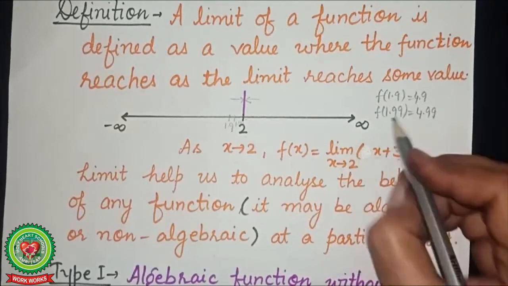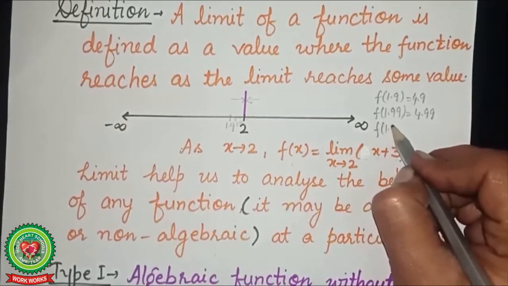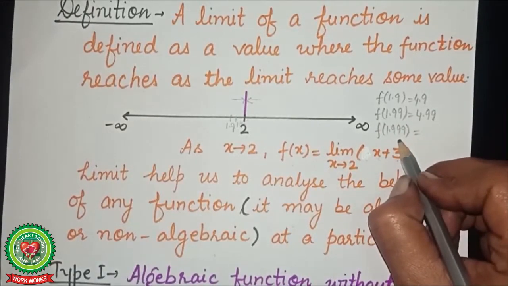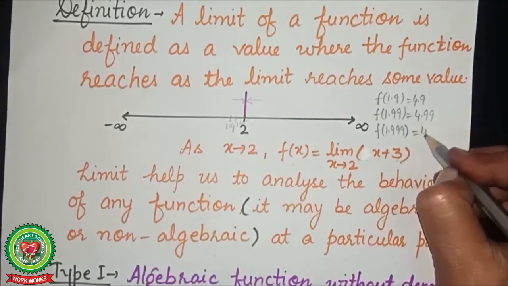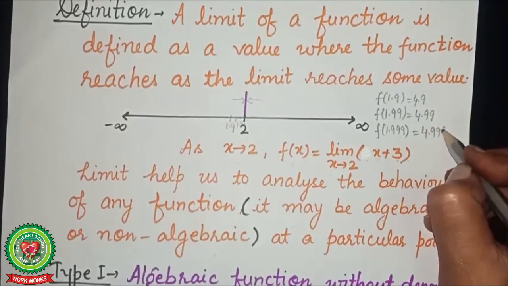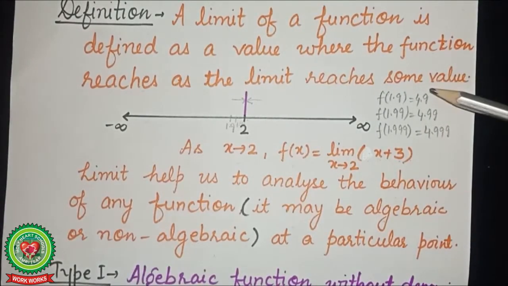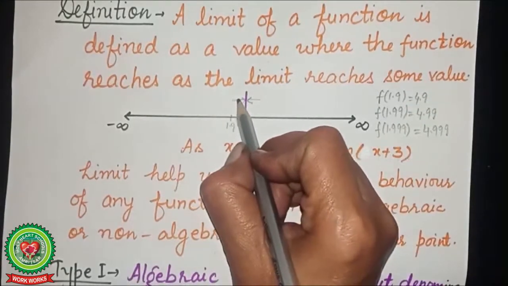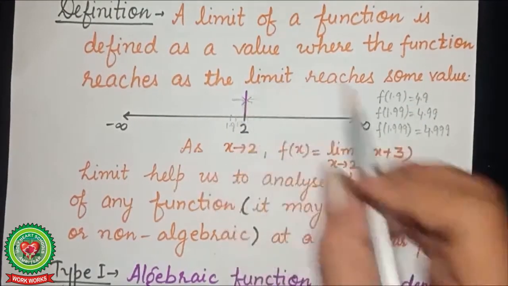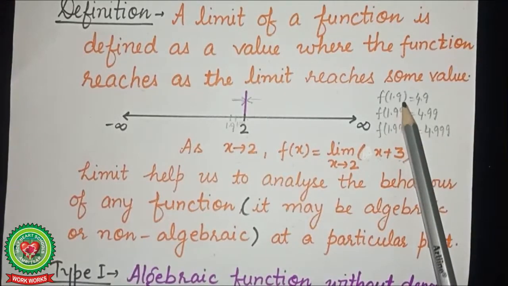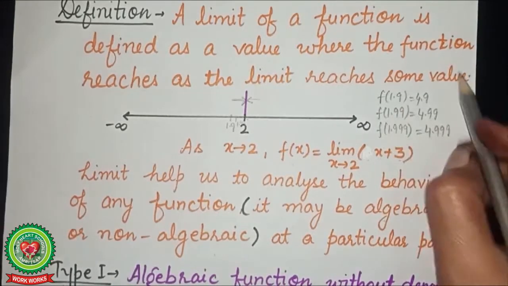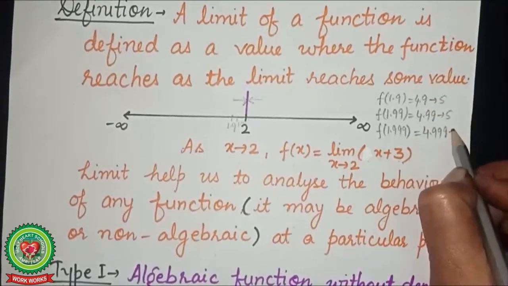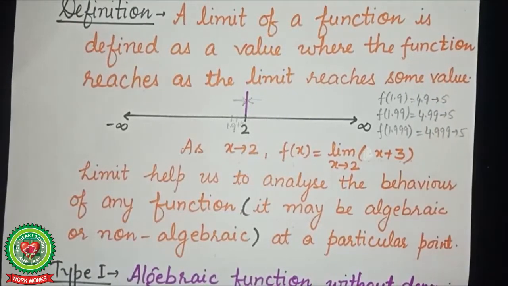Similarly, if we take f of 1.999, which is again closer to 2, its value changes to 4.999. Now, you can see from the values, as we are moving closer to 2 from the left hand side, the value of f(x) approaches 5, because these are the nearby values of 5.